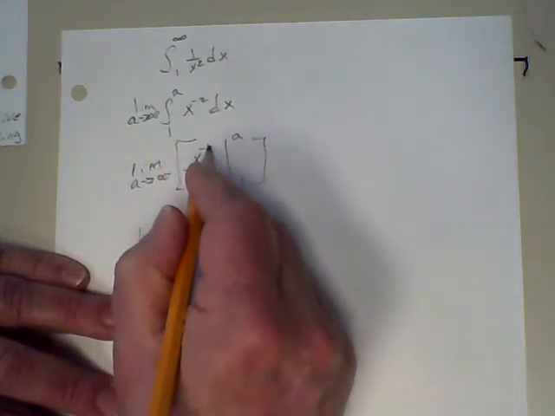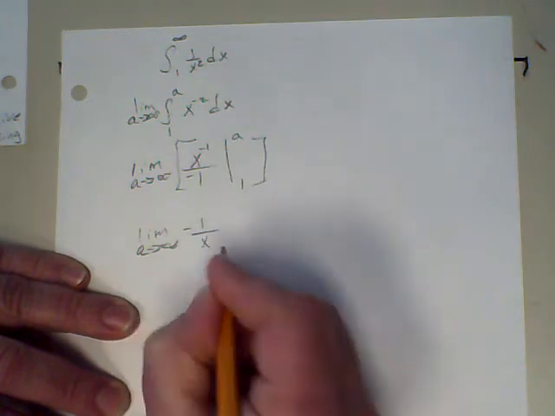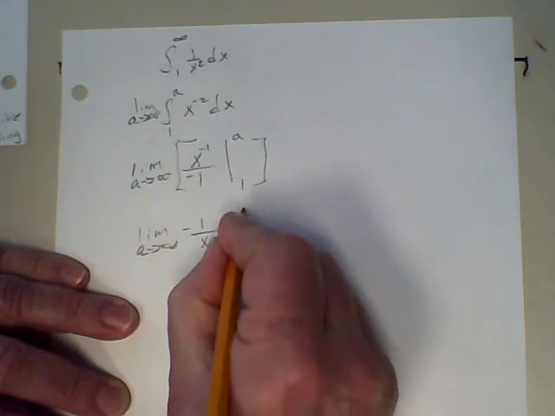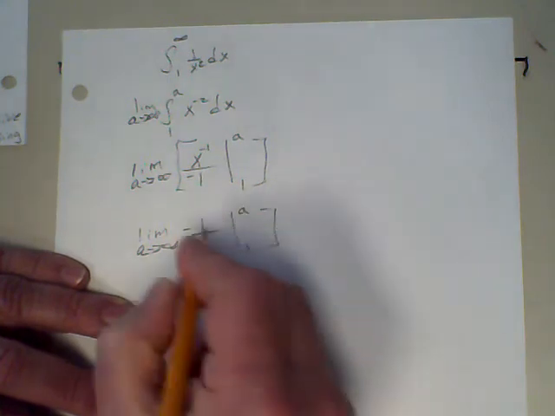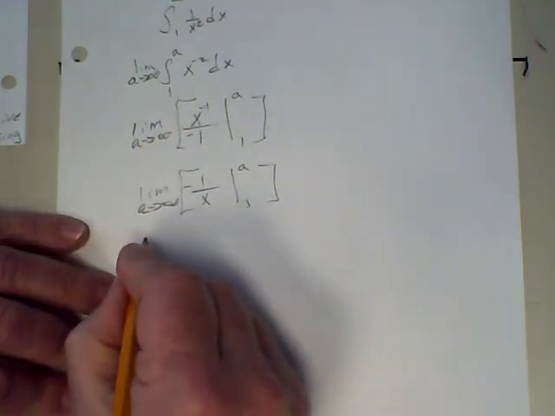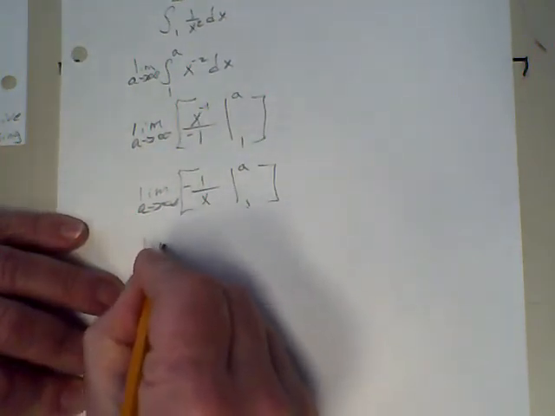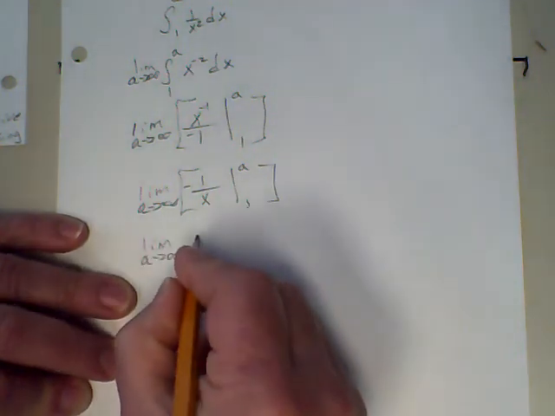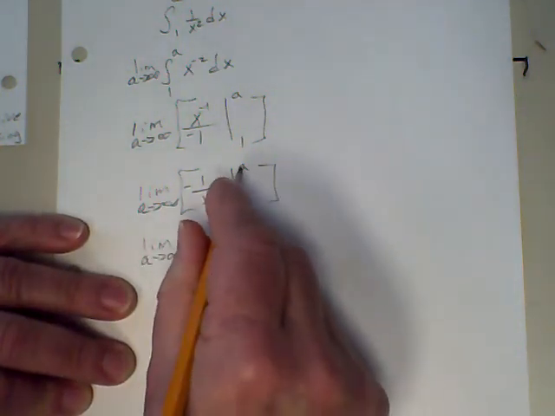And x to the negative 1 power is the same as an x in the denominator. We have to evaluate that from 1 to a. And then we're going to take the limit when we get that all done. So now we need the limit as a goes to infinity. And now we're going to evaluate, and it's upper minus lower.